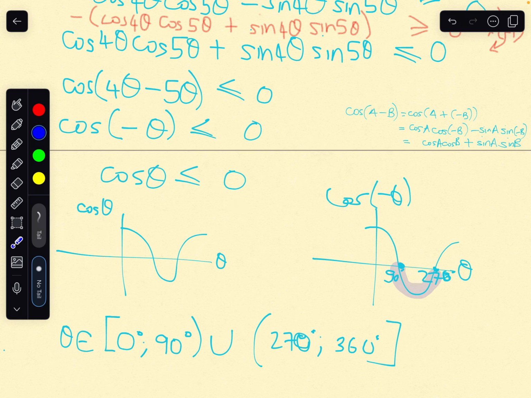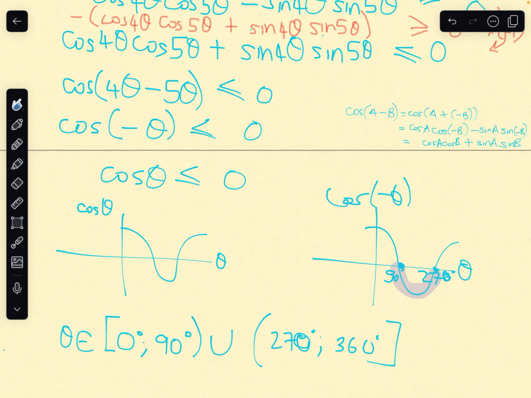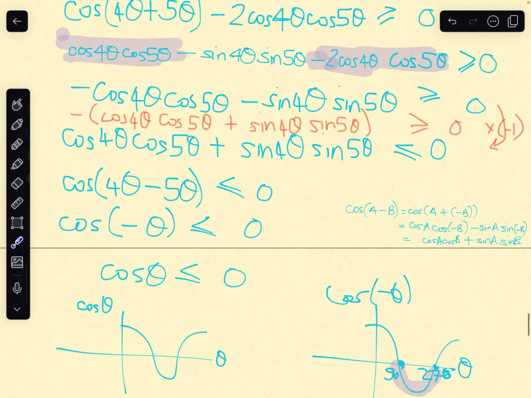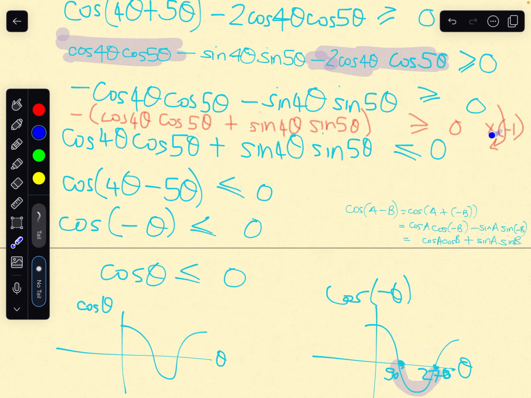So 90 and 270 are fine because we get 0 out of the function, and then all of these values are also fine because the value of this function over here is negative, and when I times it with the original negative that we factored out, then I am going to end up with a positive number that I can then square root.